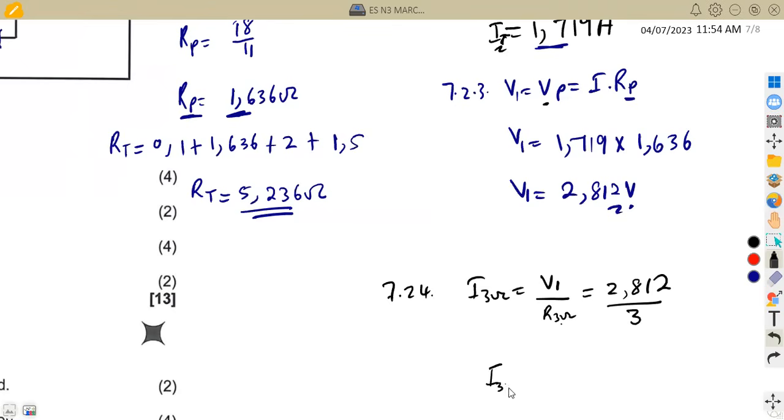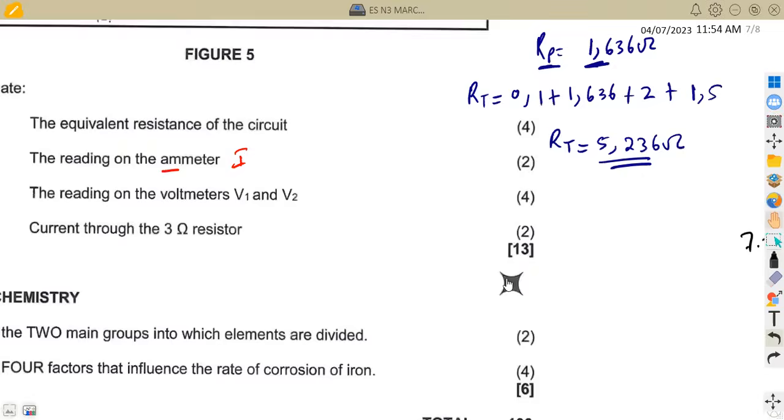That is the current in the 3 ohm resistor, because the voltage in a parallel circuit is the same. That was the advantage. If you divide these, you obtain 0,937333 and so on, which is going to be 0,937 amps. All right, so that was how we're supposed to obtain these.